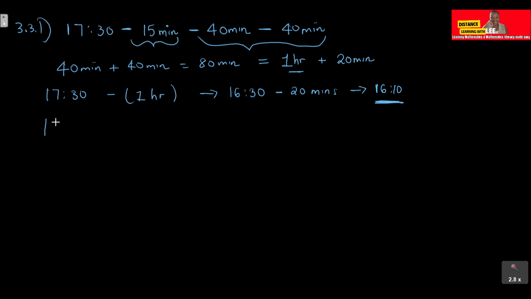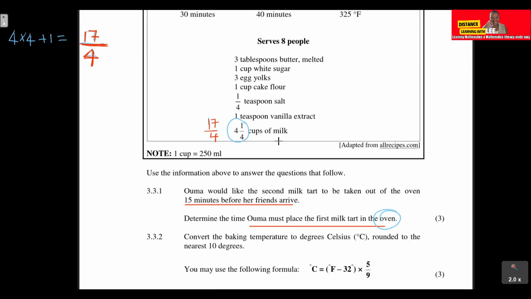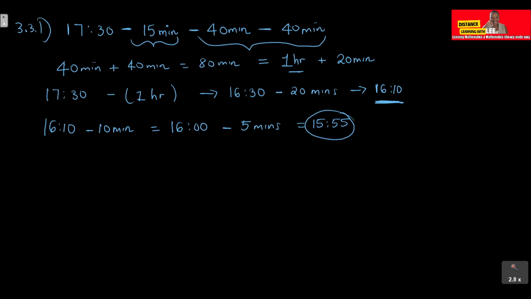With that 16:10, we can start by subtracting the 10 minutes. If you minus 10 minutes, that'll put you at 16:00. We still need to subtract an additional 5 minutes. If you minus the 5 minutes, that will leave you at 15:55. So that is the time that Oma must place the first milk tart in the oven.